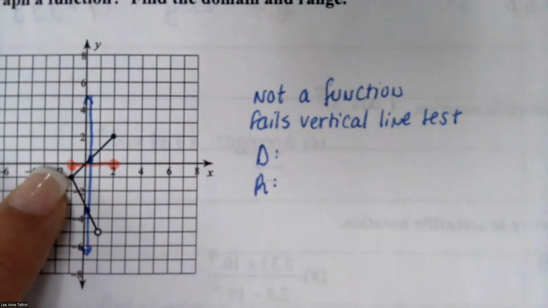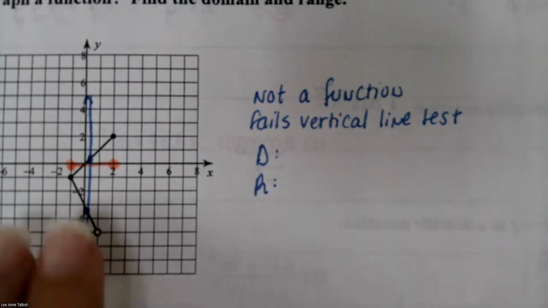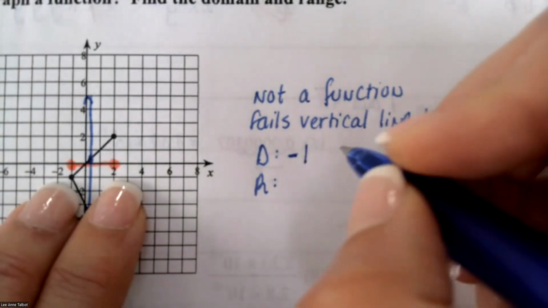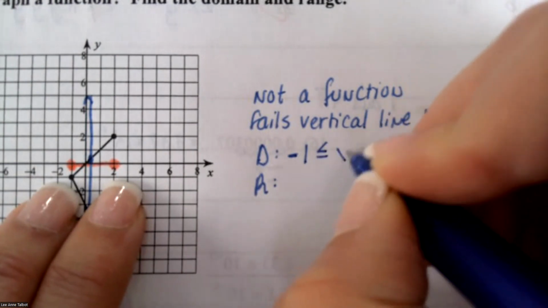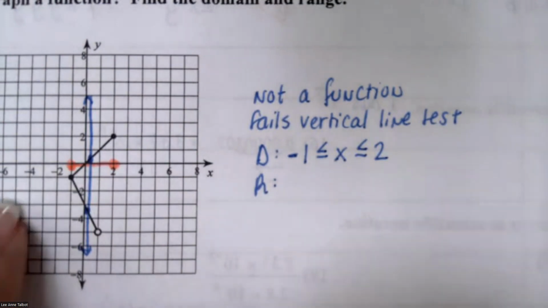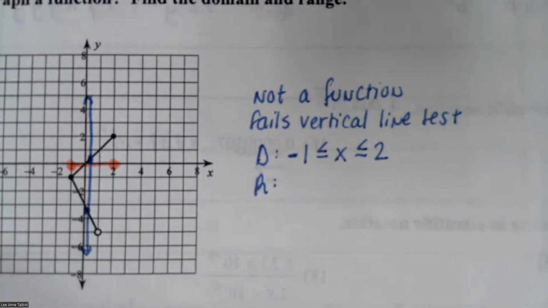This is the most right it goes. This time we don't have any arrows. We just have it in between 2 points. So we write it like this. -1 is less than or equal to x is less than or equal to 2. Notice it's closed at -1 and closed at 2.